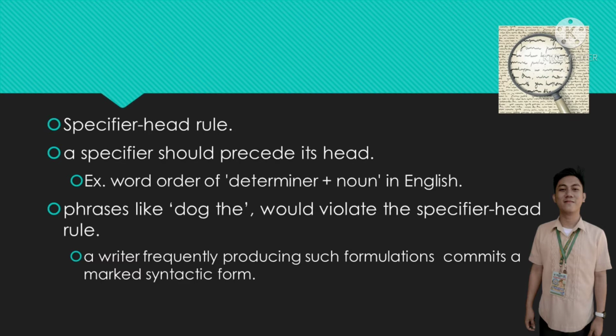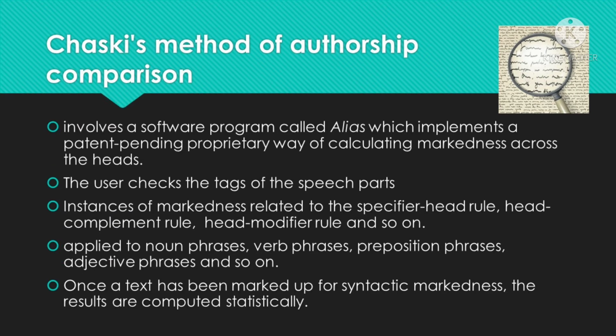This rule states that a specifier should precede its head. A simple example of this is the word order of determiner plus noun in English. We do not routinely find phrases like "dog the" because this would violate the specifier head rule. If we did find a writer frequently producing such formulations, this would be a marked syntactic form.